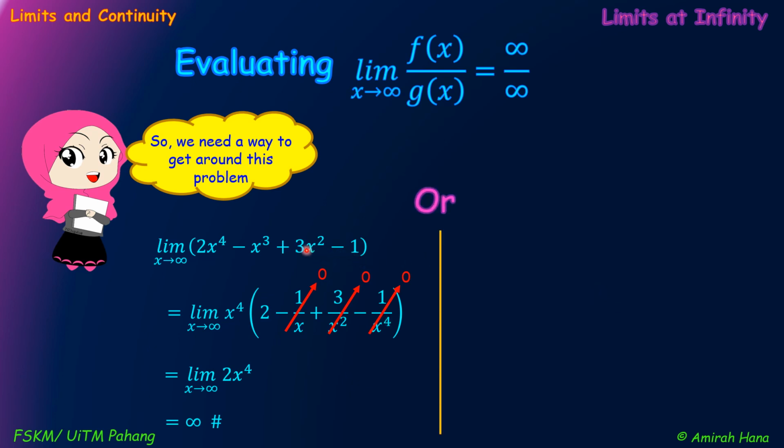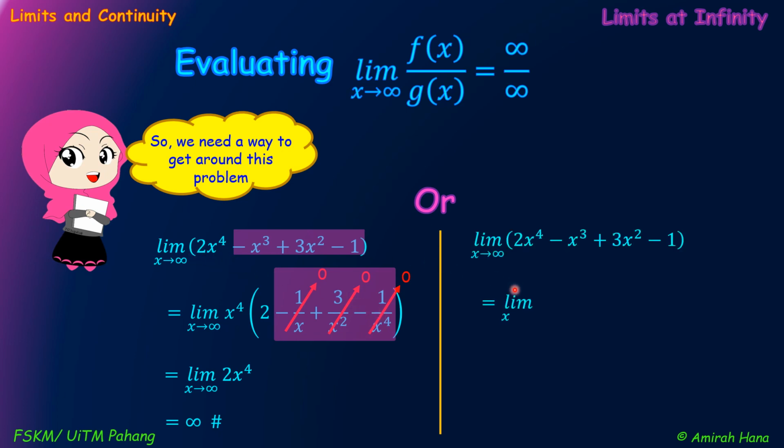Or, since we get 0 for these terms, we also can solve this limit like this. We just consider the term containing the highest power of x. So we can write this equals limit x approaches infinity 2x to the power of 4. And then from here, when we solve this limit, it will approach infinity, right?